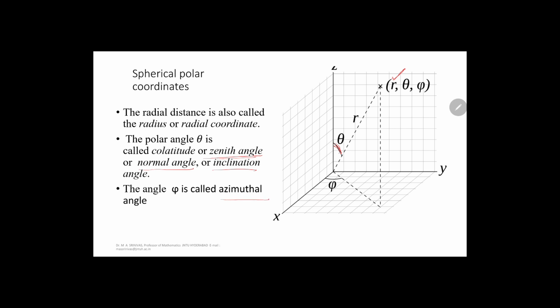So if I say a point P is (2, pi by 6, pi by 4), this means that in space there is a point P which is at a distance of 2 units from the origin and which makes an angle pi by 6 with the z-axis, and the projection of that P on the xy plane, if I call it Q or L, whatever it is, that OQ makes an angle pi by 4 with the x-axis.